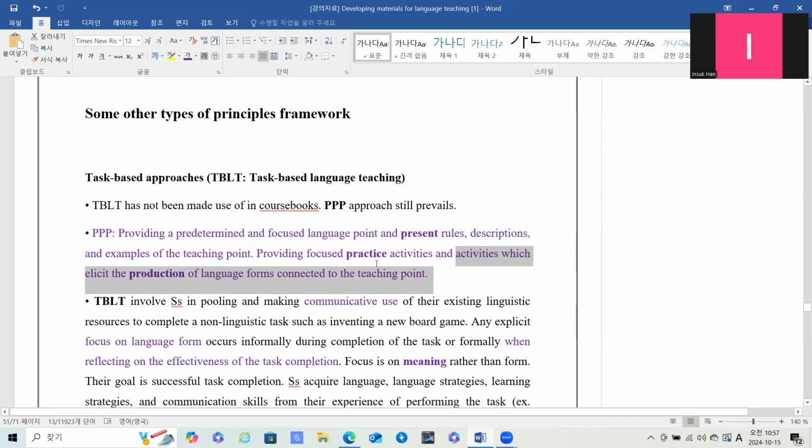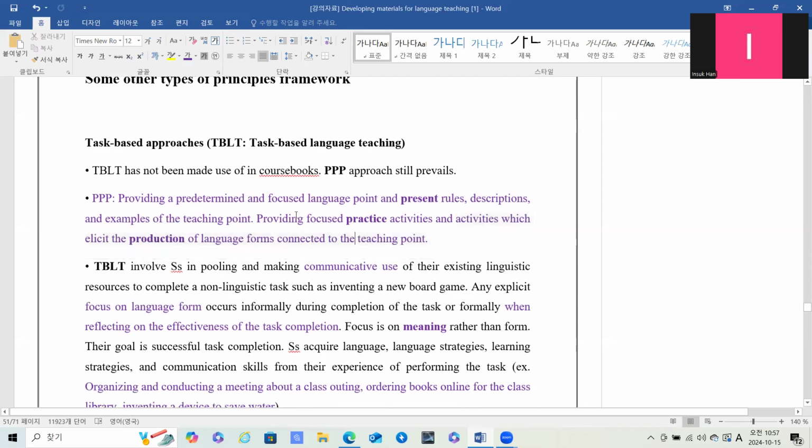For example, after they practice a short dialogue in pairs or in groups, they reorganize the dialogue by filling in some blanks with their own stories, ideas, or experiences. So in this stage of production, students can add a little of their own flexibility. This is the general process of material development presentation.